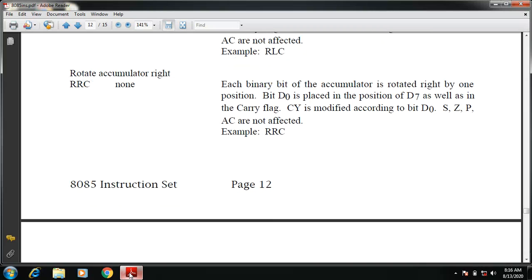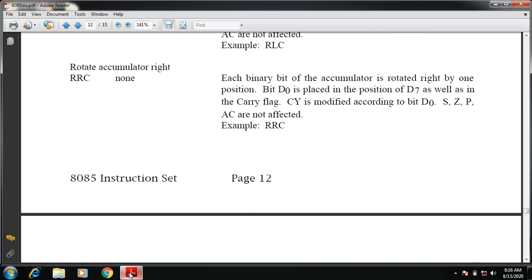Okay, next, rotate accumulator right. Before, RLC was rotate accumulator left. Here, rotate accumulator right. Each bit of the accumulator is rotated right by one position, starting from the LSB. That is, D0 is placed in MSB D7 as well as in the carry flag.